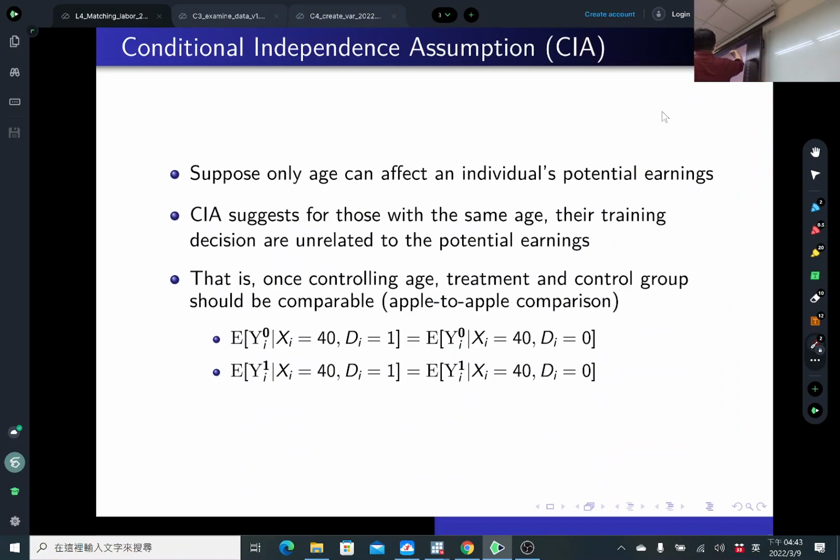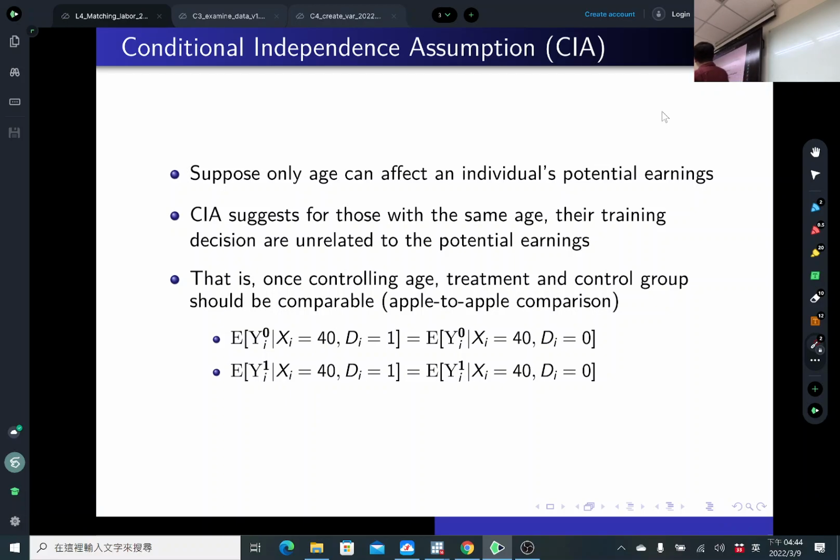This is just saying similar things. The conditional independence assumption basically claims that if you compare people with the same age and the same education, whether they join the job training program or not is unrelated to their potential earnings.